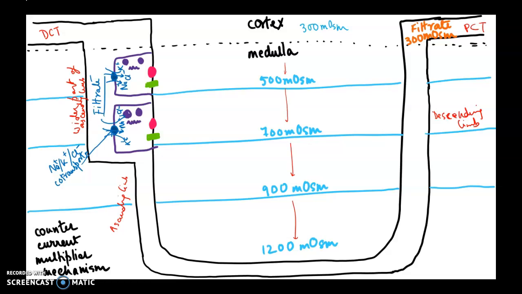Good. However, I forgot to mention, this surface is the apical surface of the cell. And then this one is the basal surface of the cell.